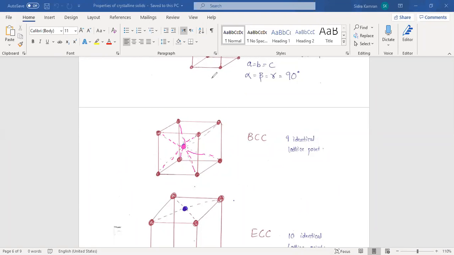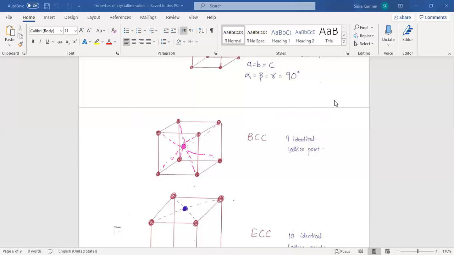These 8 identical points at the corners of this cube have a link with the central lattice site. This is called a body centered cube. One lattice point is present at the center of this cube.